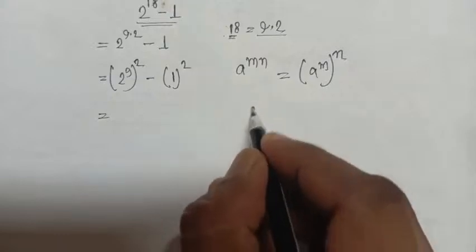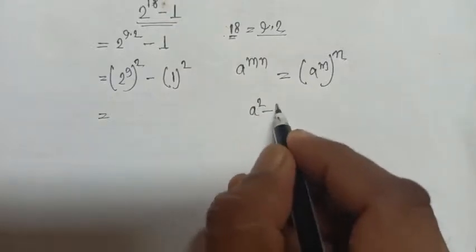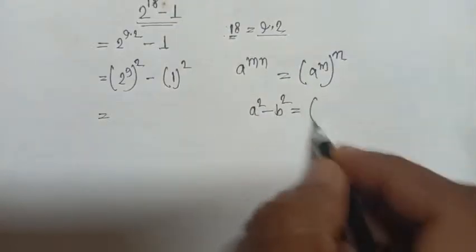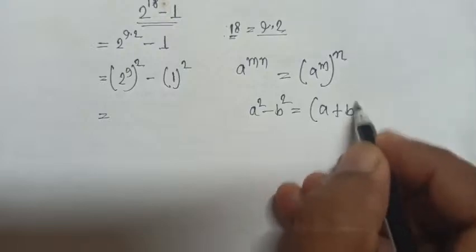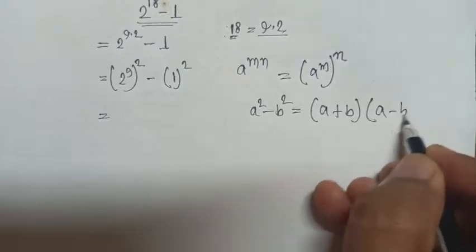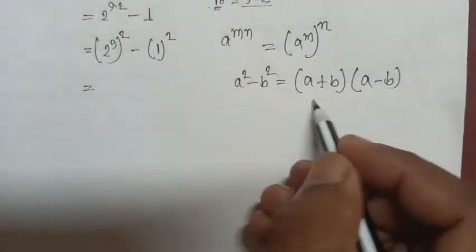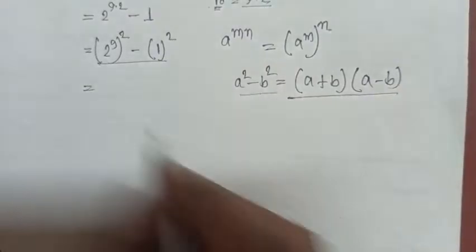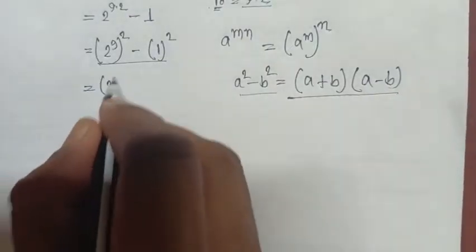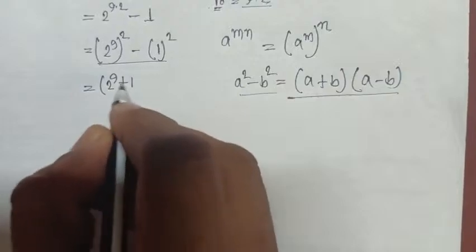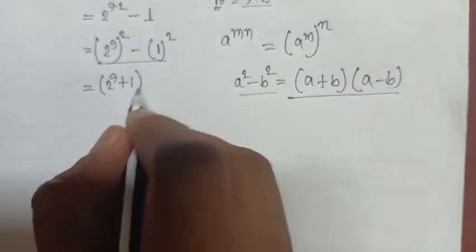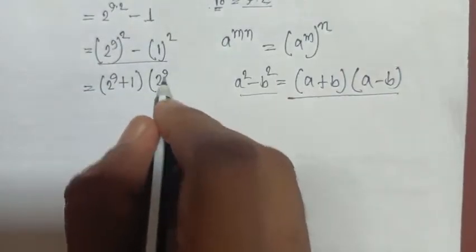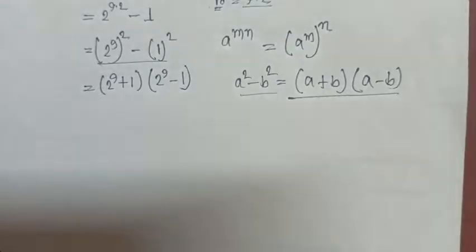Now we know the formula a squared minus b squared equals (a plus b) into (a minus b). So we express this the same way: (2 to the power 9 plus 1) into (2 to the power 9 minus 1).